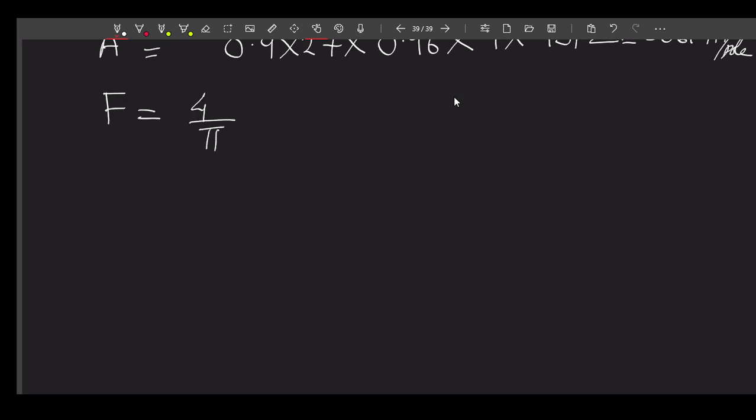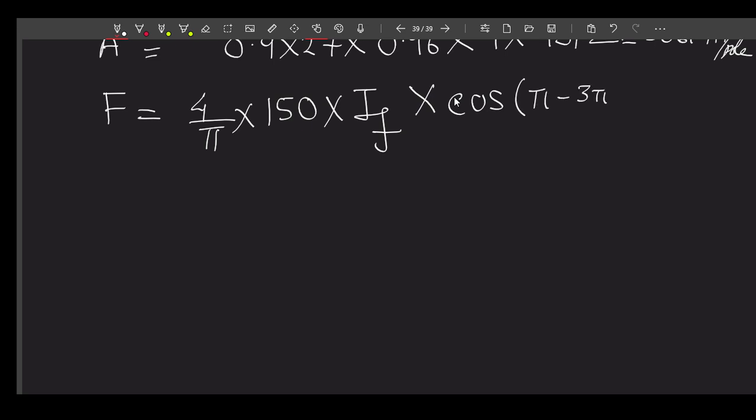the common formula for all rectangular is 4 pi into 150 into IF into your base being... so you will get 176.4 IF.